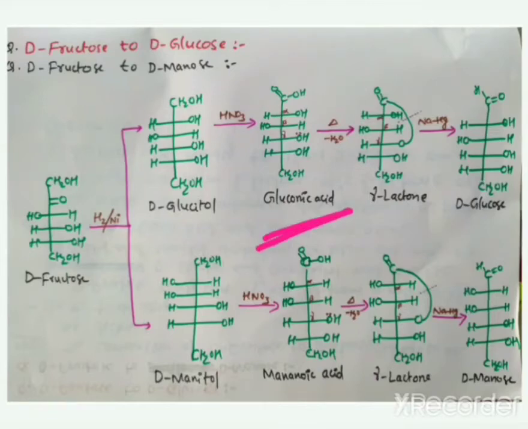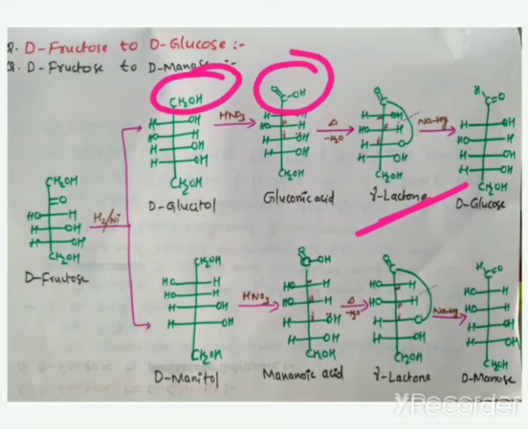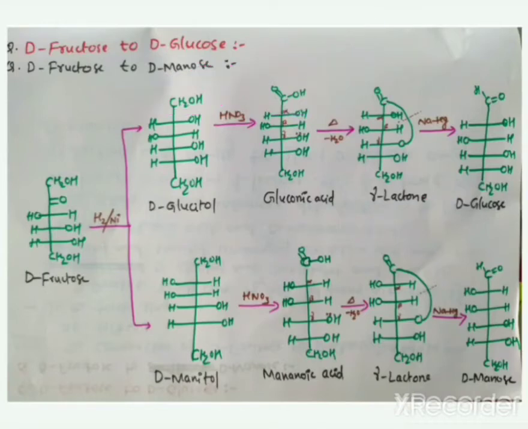This gluconic acid undergoes dehydration, meaning loss of H2O in presence of heat, to form gamma lactone. What is happening here? CH2OH converts to COOH. The second carbon is alpha carbon, then beta carbon, gamma carbon.